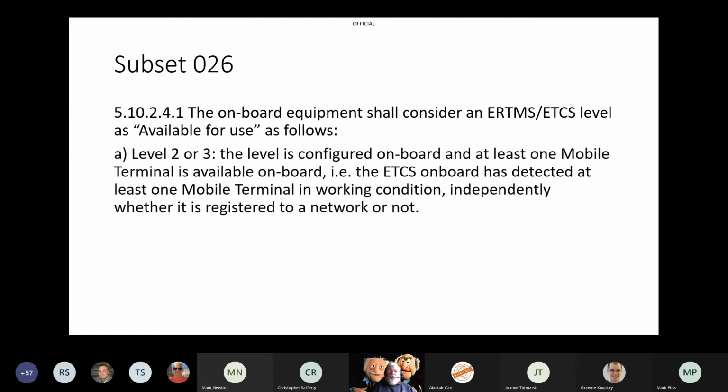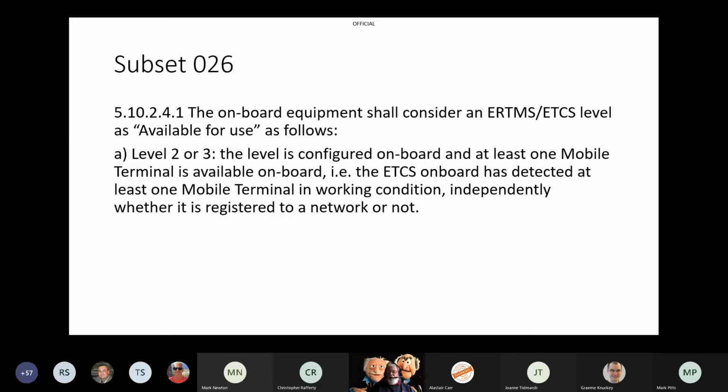For level 2 or 3 to be available for use, it first has to be configured on board. When the supplier of the ETCS onboard supplies the ETCS and it is then installed within a train, part of the configuration is to say which levels can be operated using that ETCS onboard equipment.